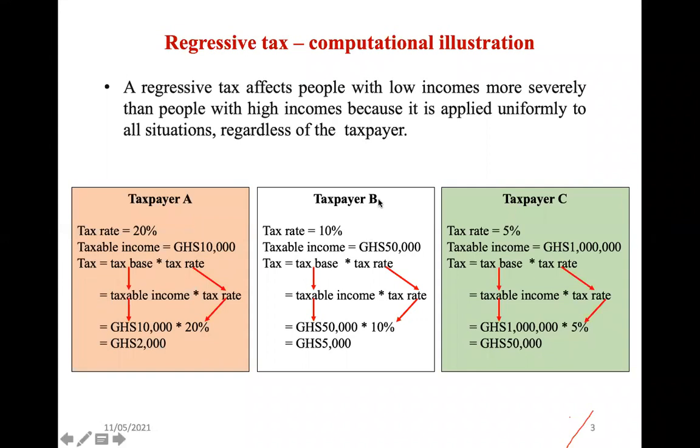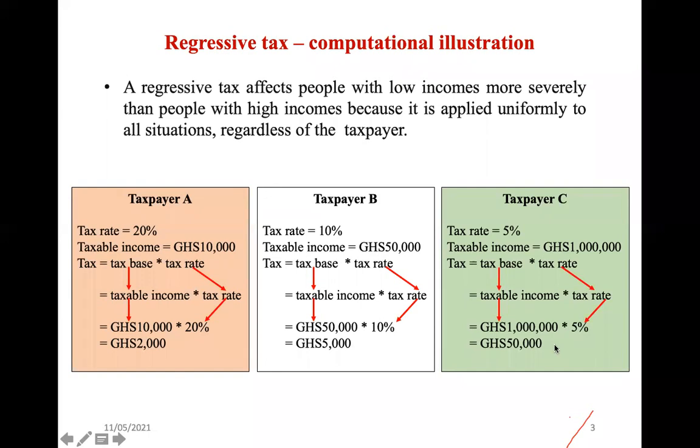And then taxpayer B pays 10%, even though his income is 5 times that of taxpayer A. And so at the end, he ends up paying 5,000. And then taxpayer C pays only 5% of his income, even though his income is higher than both taxpayer B and taxpayer A. So the total he pays is actually 50,000.